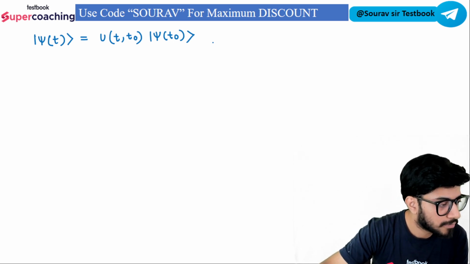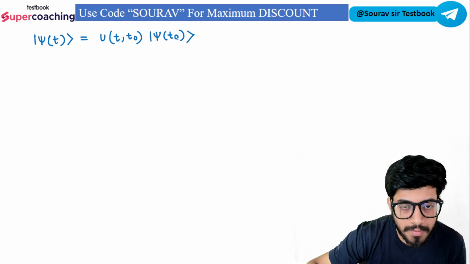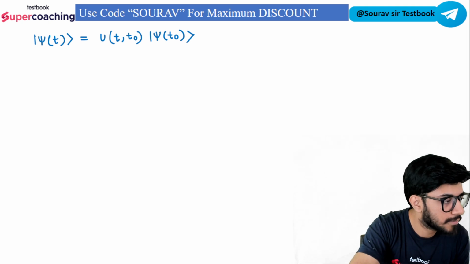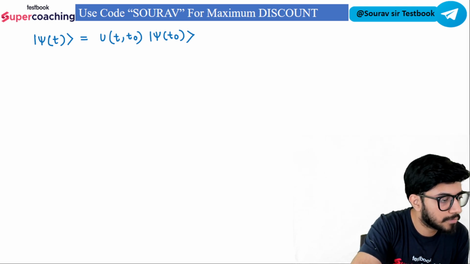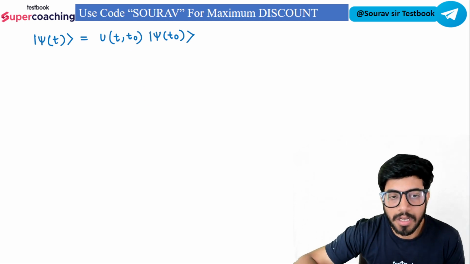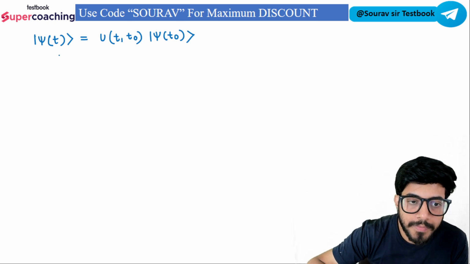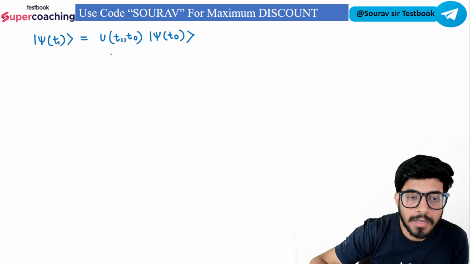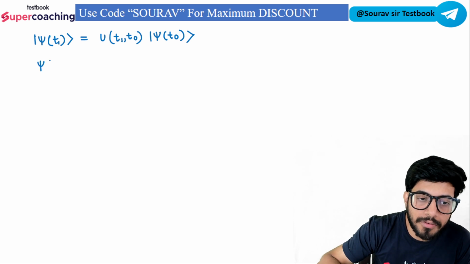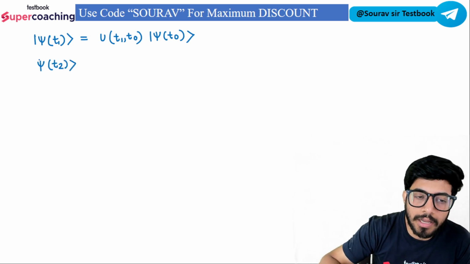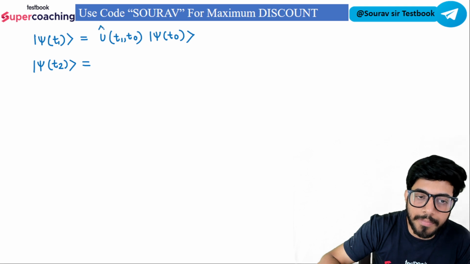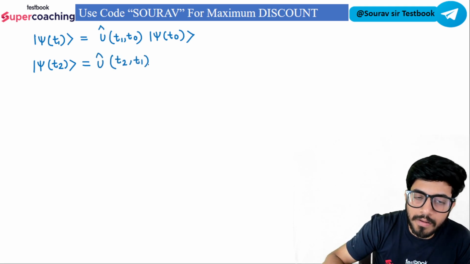Again, मान लो, या rather अगर मैं इसको ऐसे लिखूं, psi of t comma t1 psi of t1 equal to this, and again psi of t2 I can always write as u cap of t2 comma t1 psi of t1.